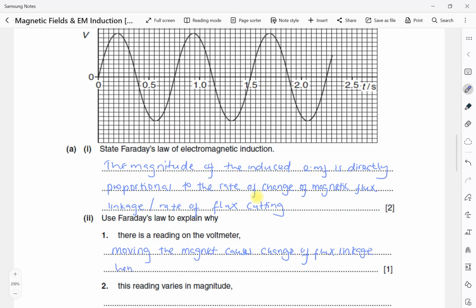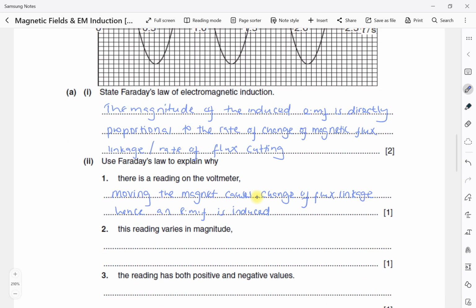Hence, an EMF is induced according to Faraday's law.